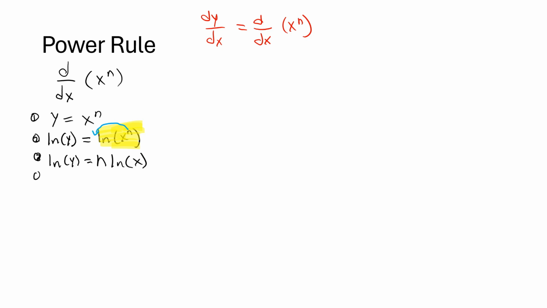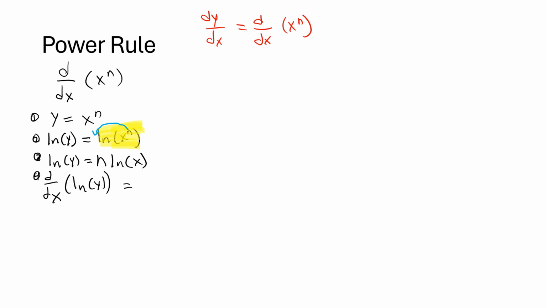The fourth step is taking the derivative with respect to x on both sides. Now, the reason why we can do this is because the derivative is an operation. Just like taking the natural log of both sides, we can take the derivative with respect to x of both sides.